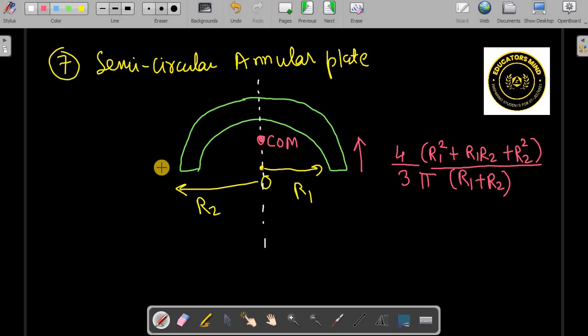We can remember this. Suppose R2 is large and the plate is very thin, then R1 can become 0. Then it will be the formula 4R by 3 pi, isn't it? So we should remember the center of mass for important figures. I think this will be sufficient. Other figures we can do ourselves, right? Then let's go to the next.